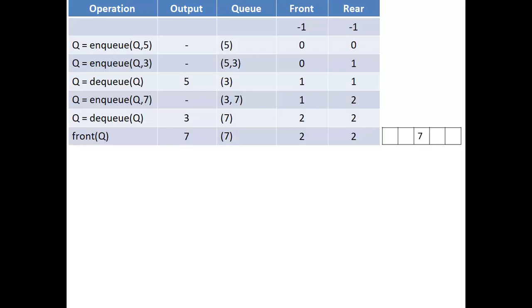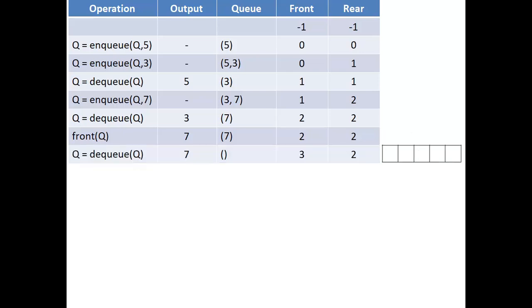So after this, the front as well as rear pointers are both pointing to index position 2. Therefore, execution of the front operation will return the only element 7 in the queue. Next, execution of the DQ operation will make the queue empty as 7 was the only element present in the queue.